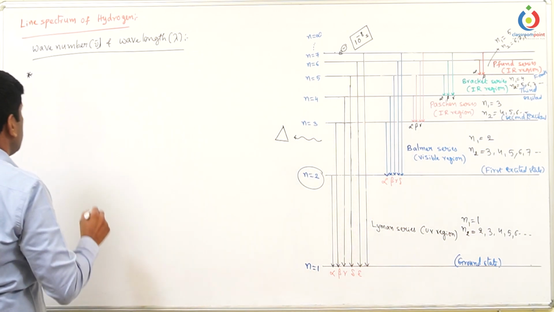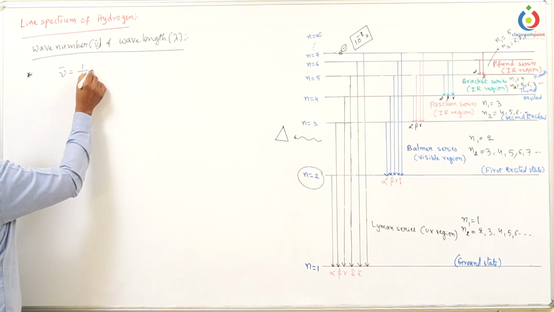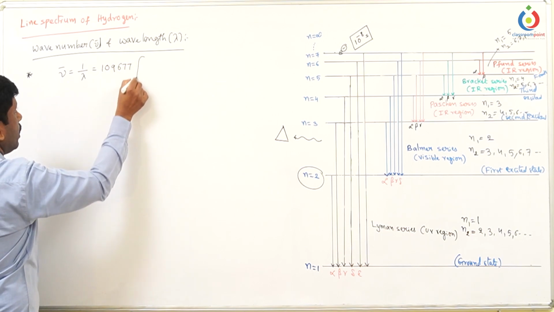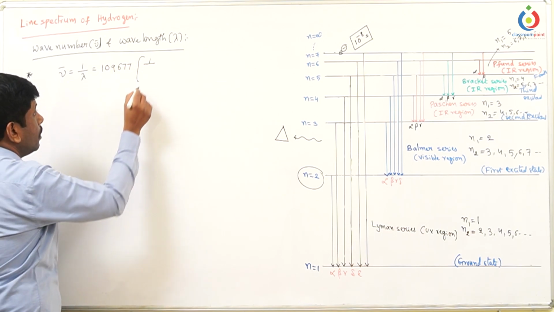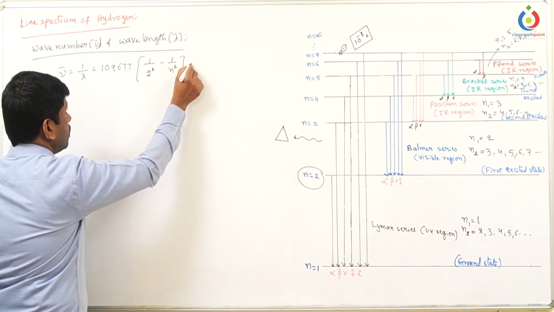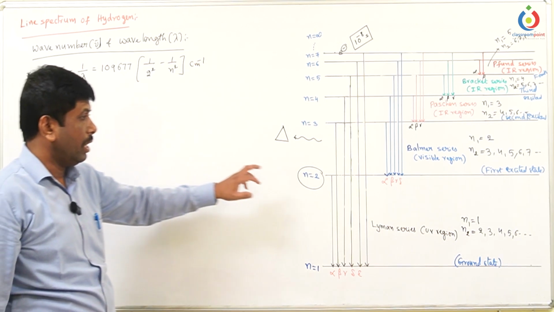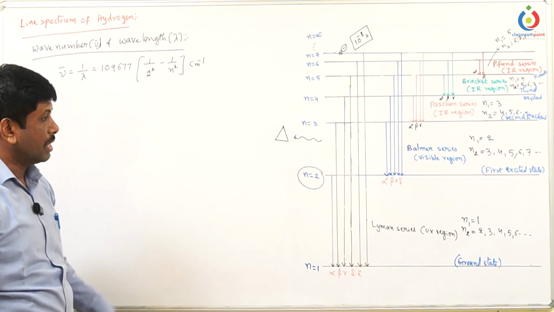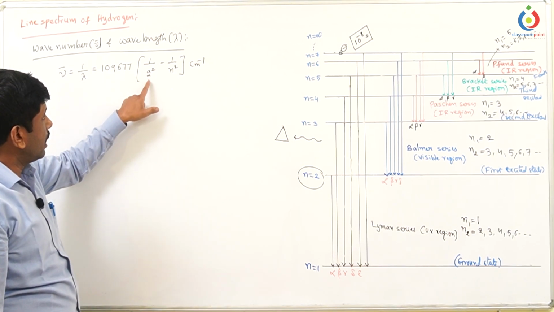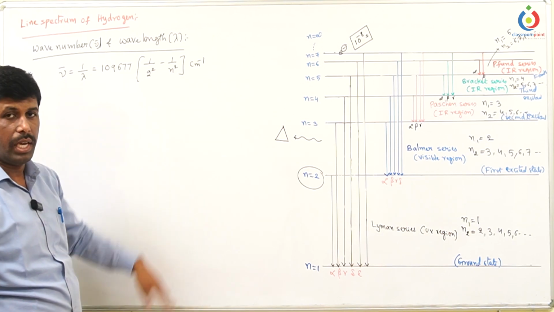So based on this, he has given one formula, that is nu bar equals 1 upon lambda equals 109,677 into 1 upon 2 square minus 1 upon n square per centimeter. This is applicable only to the Balmer series of lines, because Balmer did not know about the other series that exist. That's why he has directly taken the 2 value here. This is the lower energy state. n means any one of the higher energy states.